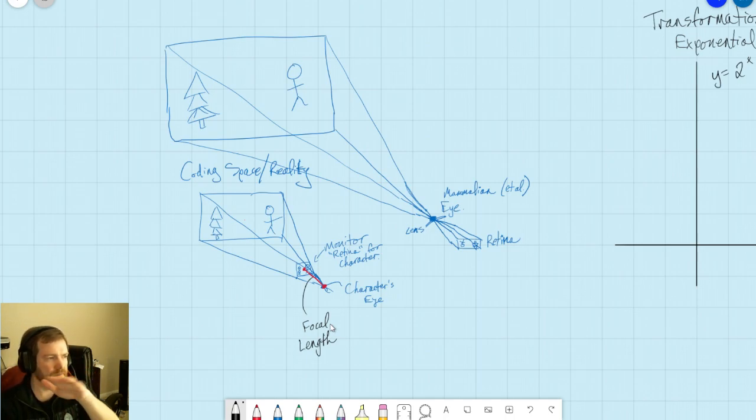Yeah, I mean, probably not in that context, although it might have some similarity. So the yaw value is like how you're panning from side to side, right?